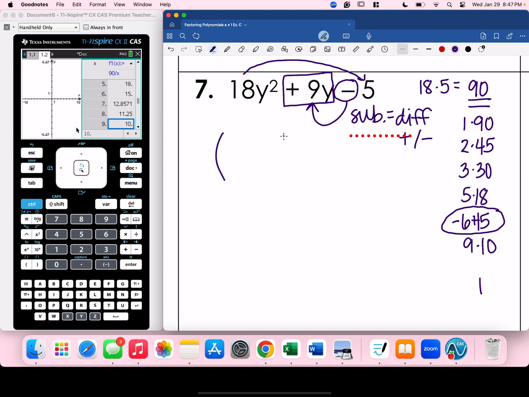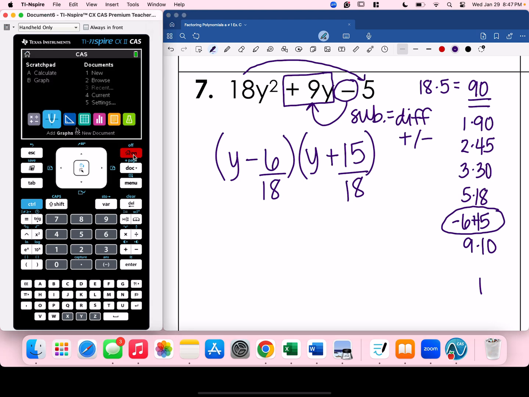Now I'm going to set up 2 sets of parentheses. Y will go at the beginning of both, and I am substituting in -6 and a positive 15. From here, we want to divide by our leading coefficient, which is 18. Now, the most important step is for you to reduce.